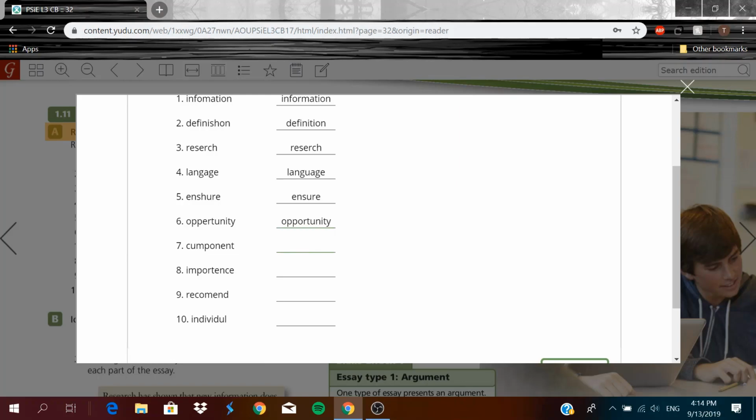Then we have component. Component has an O and not a U. Then we have importance. So importance, again, an A and not an E. Then we have recommend. So recommend, double M. And finally, we have individual.